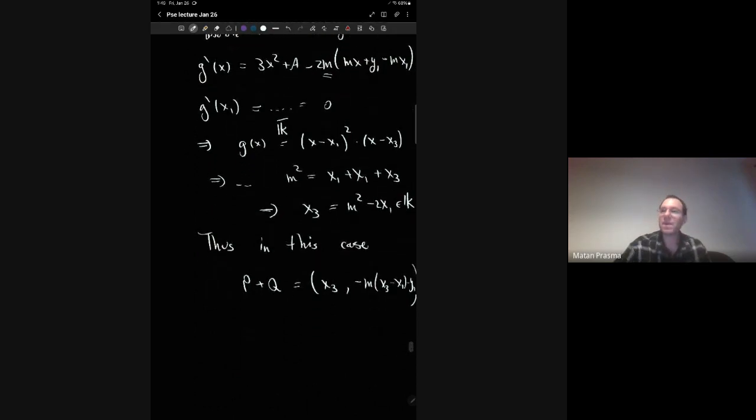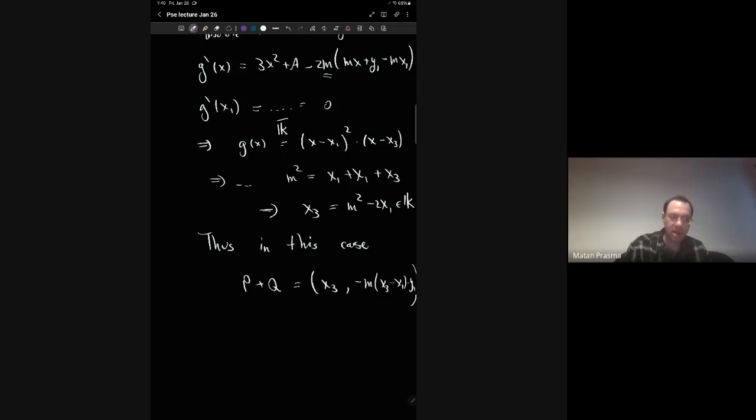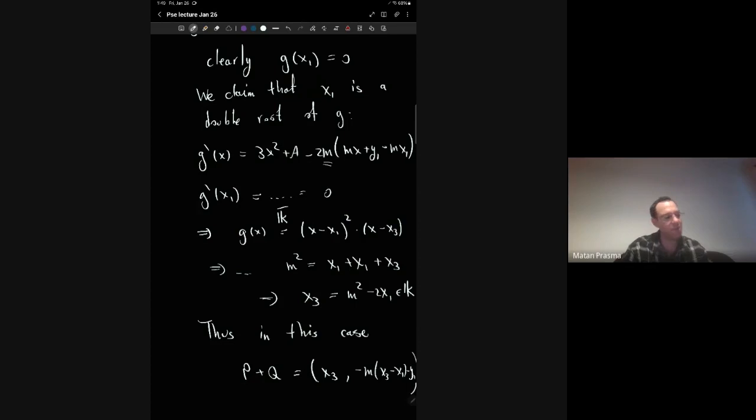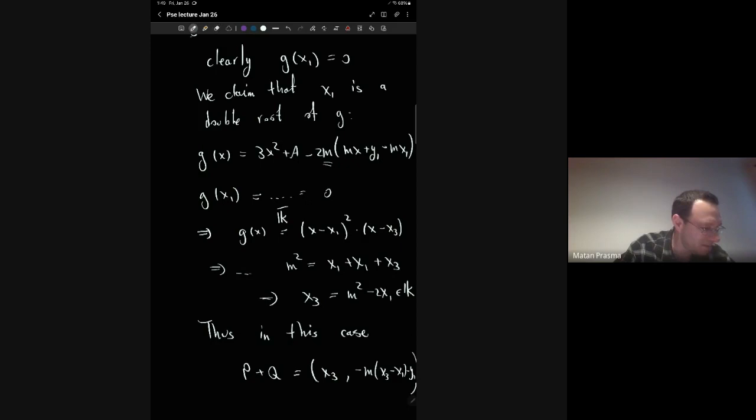Yes. I'm a bit confused how we introduced G prime. G prime is the derivative. It's the formal derivative. Ah, it's not G prime, it's derivative. Okay. Then it is clear. Maybe it's a good standard to write the derivative like this, because we don't do a lot of derivatives.